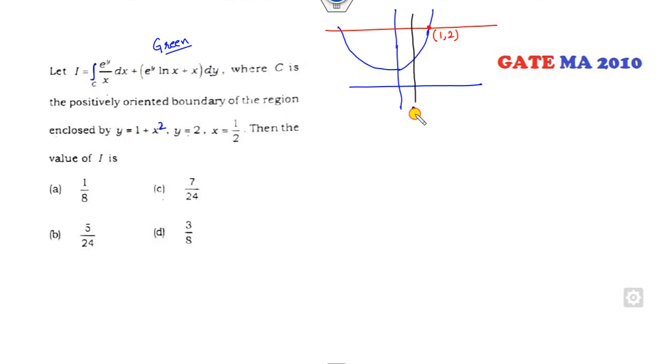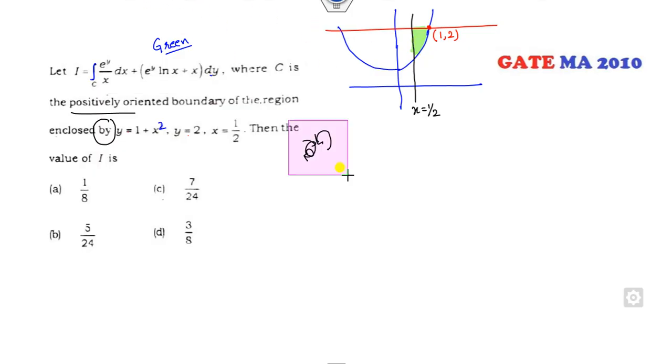This is the line x is equal to half. Then the positive orientation, your target is the positive orientation, in this way. You can look at this way in the region enclosed by this. So what is the meaning of that? It's the curve enclosed by all these three lines. Fine. This is the shaded portion.